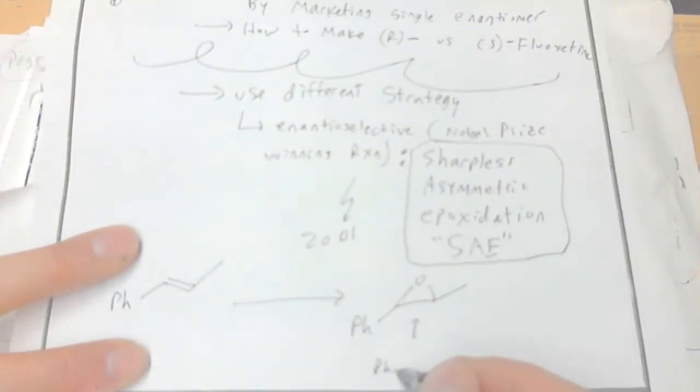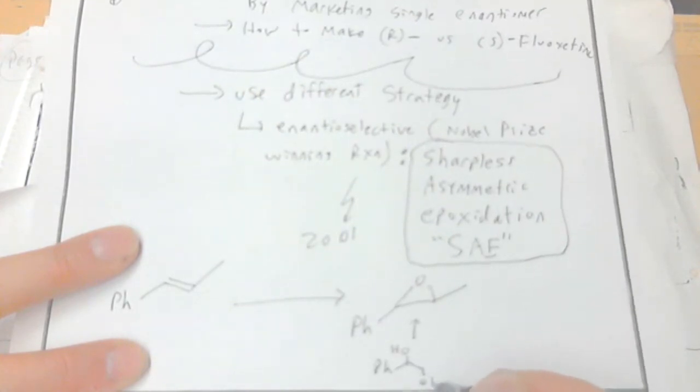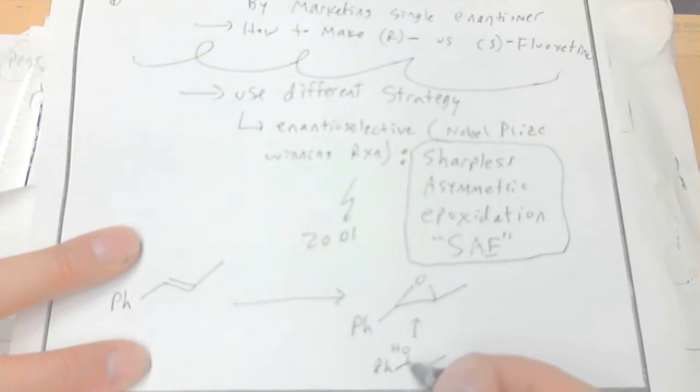Somebody said with a diol. With a diol, yes, you can make an epoxide from a diol. Yes, you can take 2 alcohols. Yes, you can do that. That's not, I would say, the best way to make an epoxide.